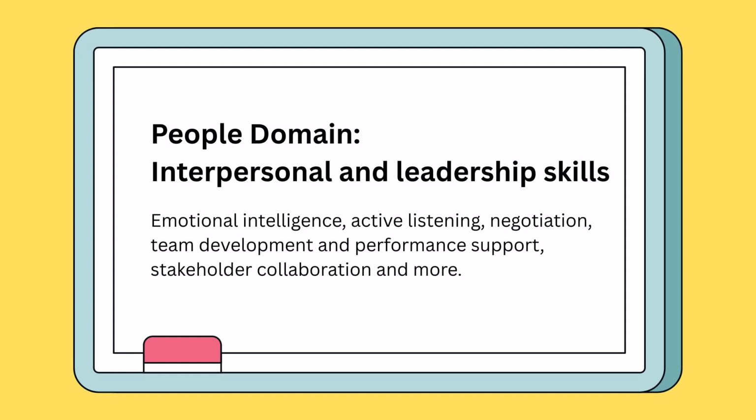Topics in this domain include emotional intelligence, active listening, negotiation skills, team development and team performance support, stakeholder collaboration, and more. The goal of this domain is to ensure that PMP candidates have strong leadership and team management skills, just as critical as technical project management expertise.